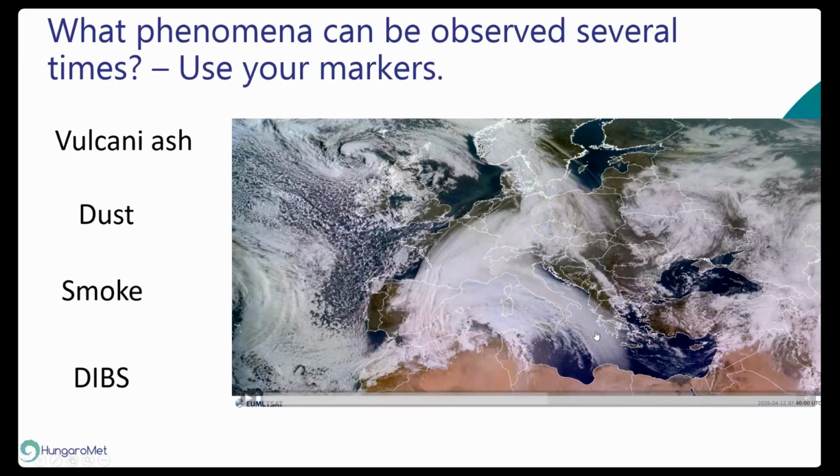Why this is quite interesting is because it does influence the forecast and also how the clouds are behaving. So these are dust-infused baroclinic systems. You can learn more about this in one of the EUMeTrain training modules.